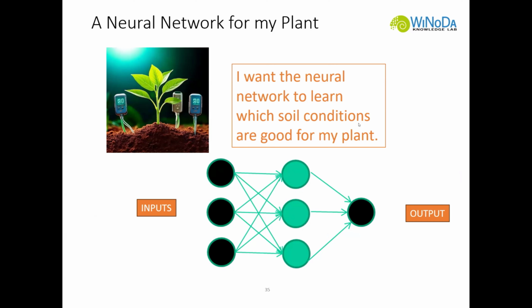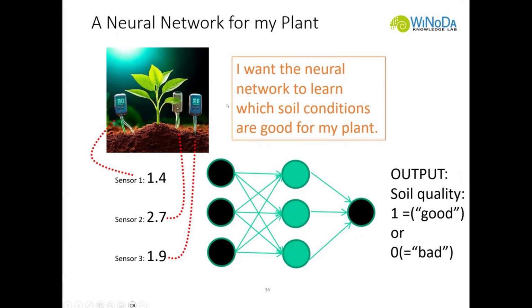And what I did is that I have bought 3 different sensors that measure 3 different things. The sensors spit out numbers, and I can see from how the plant is doing basically over the period of a day whether the soil quality is now good or bad. Okay. So this sensor spits out the number 1.4 here.